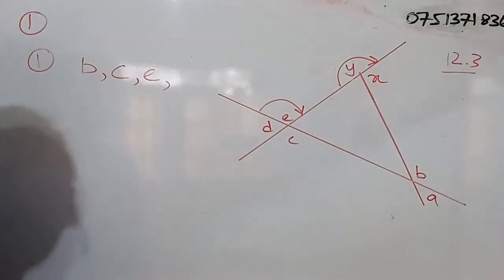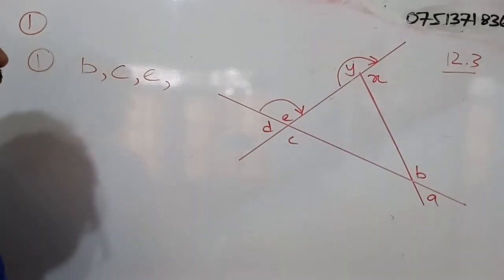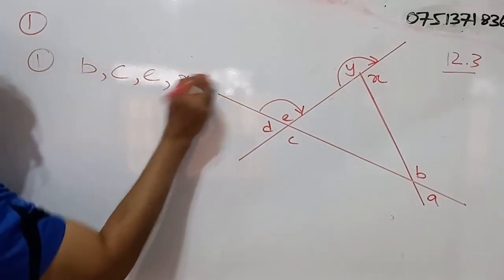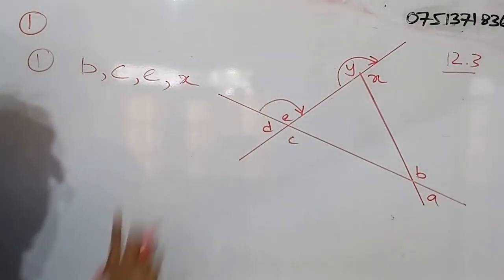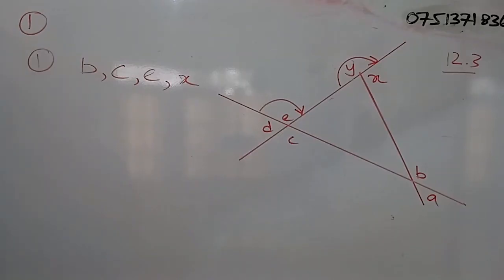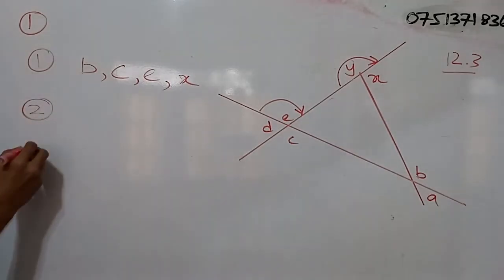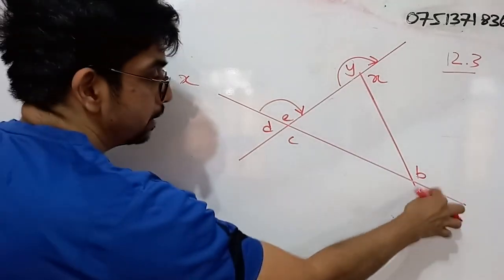Y. Y is not an exterior angle, but X, that is an exterior angle. So these are the exterior angles from this diagram. Right. Explain why the other angles are not exterior angles. Right. So if we think about simple A, right, this is the angle.